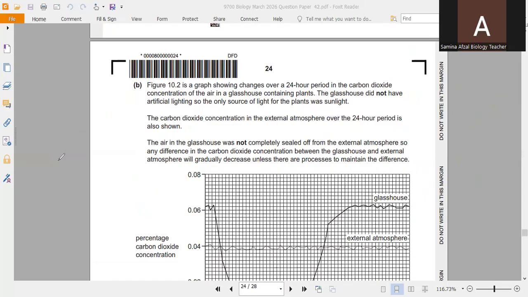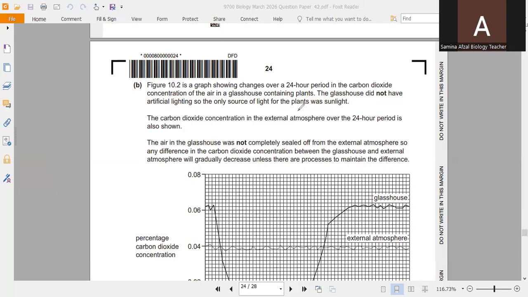Figure 10.2 is a graph showing changes over a 24-hour period in the carbon dioxide concentration of the air in a glass house containing plants. The glass house did not have artificial lighting, so the only source of light for the plants was sunlight. The carbon dioxide concentration in the external atmosphere over the 24-hour period is also shown.